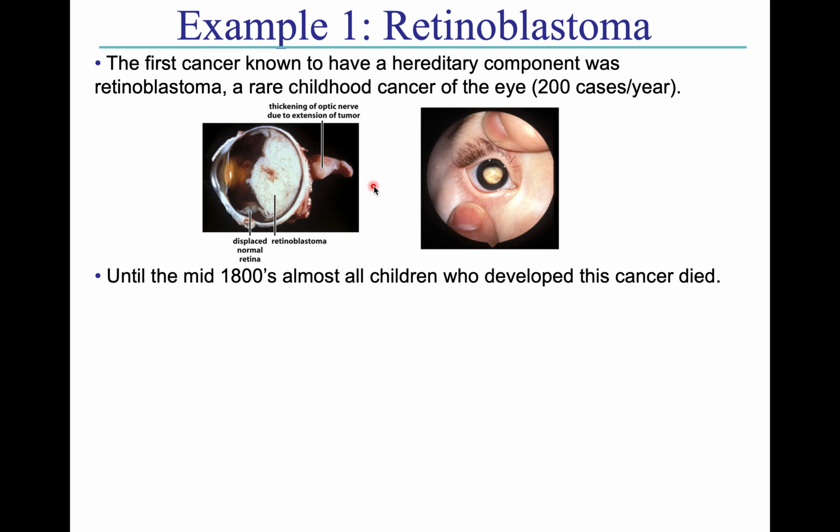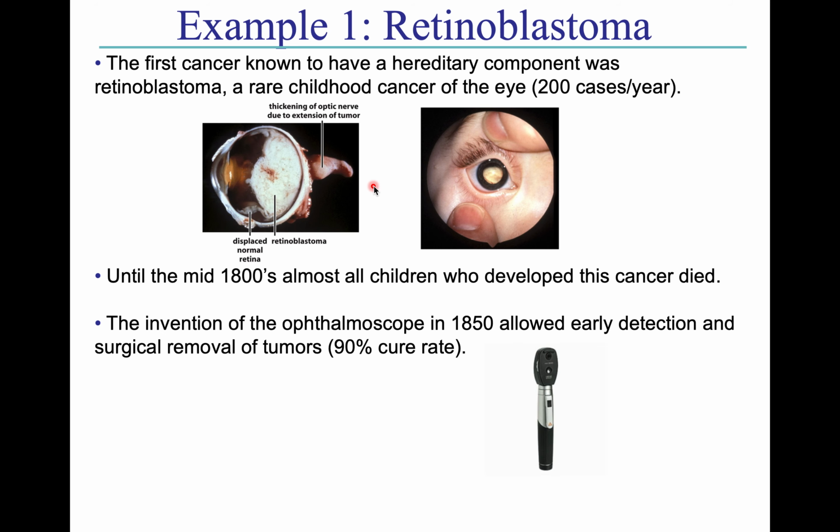So what changed in the mid-1800s was the development of the ophthalmoscope, that little device that shines a bright light into the eye, and would allow doctors to identify these tumors earlier. You can see what it would look like to a physician here in the picture on the right. And so once it was identified, if you could catch it before it spread, it had a very high cure rate now.